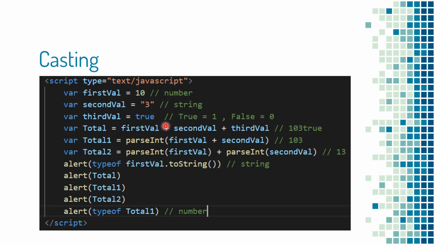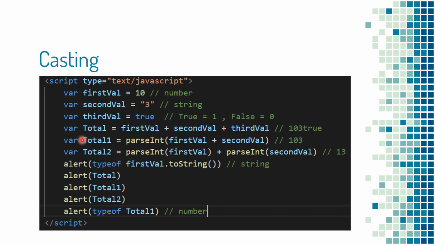So the meaning of this plus sign, if you are using all numbers, means perform arithmetic operation. But if you are trying to perform the same operation on strings, then it's going to perform concatenation. So for this one, JavaScript is going to convert it to a string, 10 as a string, 3 as a string, and the last one as a string too.